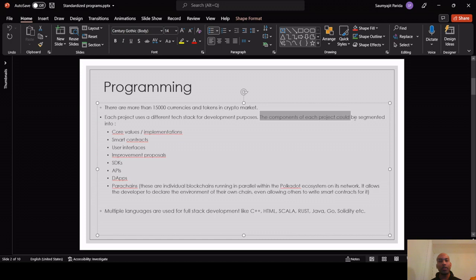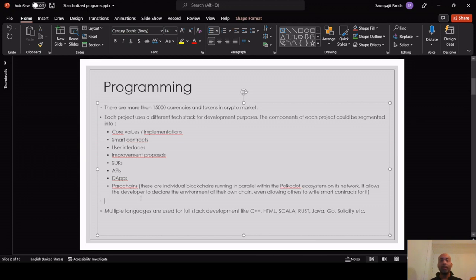So the components of each project could be segmented into the core values, then the smart contracts, then the user interfaces, the improvement proposals, the SDK, the software development kit, the APIs, and the application on the parachains.